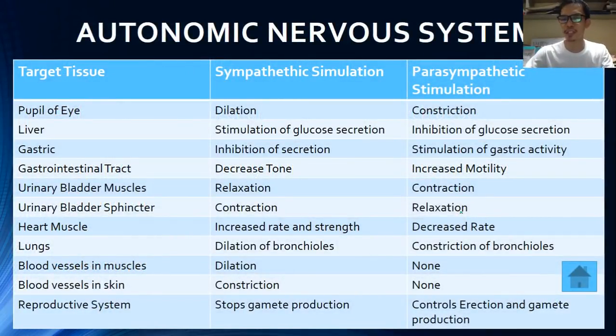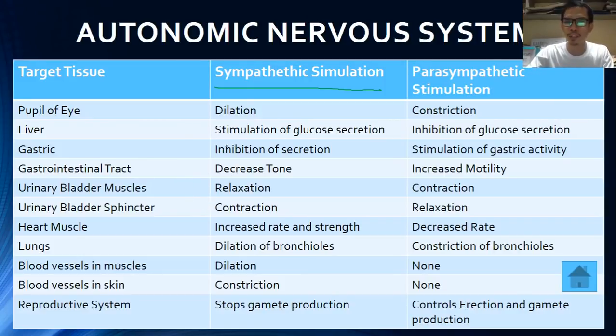This is the summary of every body process that the autonomic nervous system controls. Let's start first with the sympathetic one. As you can see here, during an emergency, for example, a fire breaks out in your place, what you will need there is the sympathetic division of the autonomic nervous system.